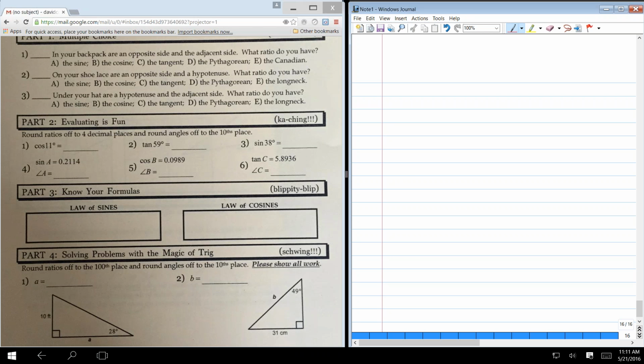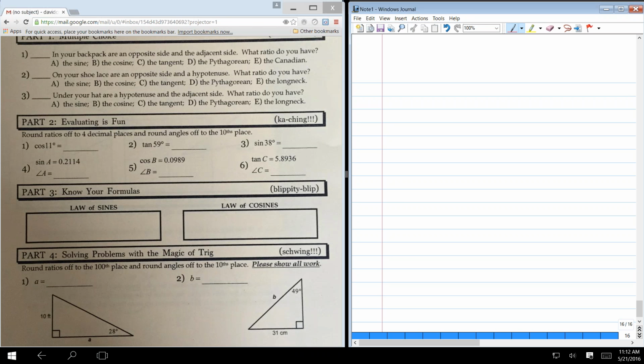Tangent of 59. Okay, let's go. Wait, how do I tell if I'm solving for an angle or a... Just put that number inside the parentheses. In other words, the moment you hit trig and tangent, it puts up a tangent with a left paren and a right paren.